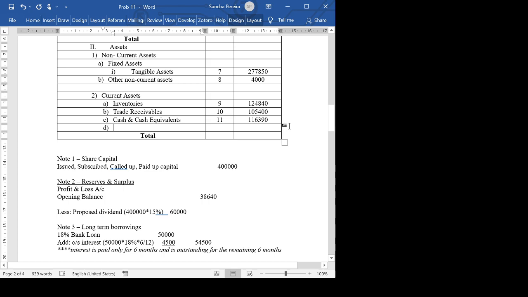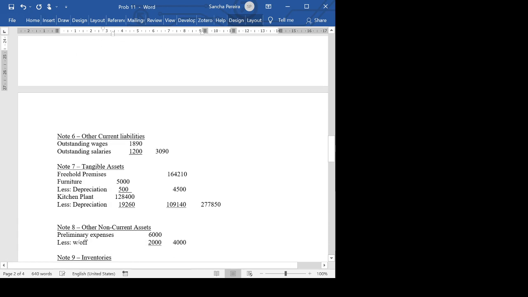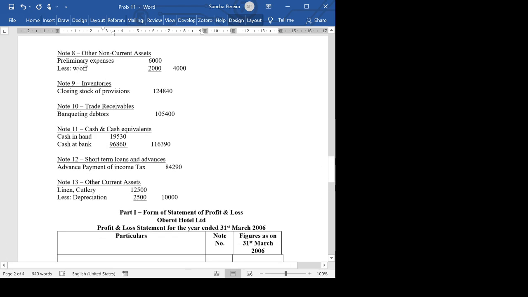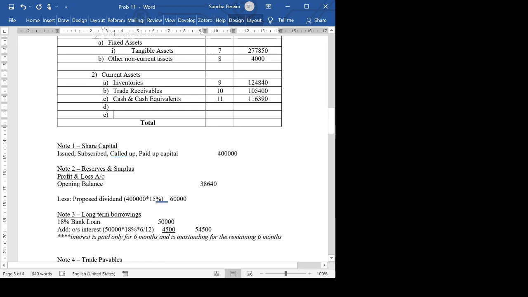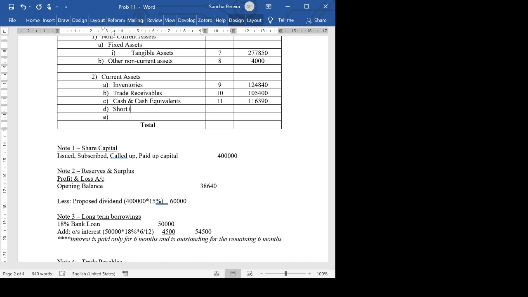I think we have two more items here. Next is short-term loans and advances, 84,290.